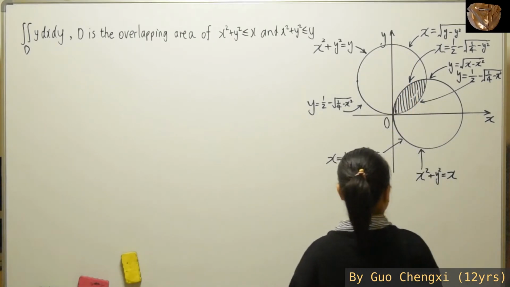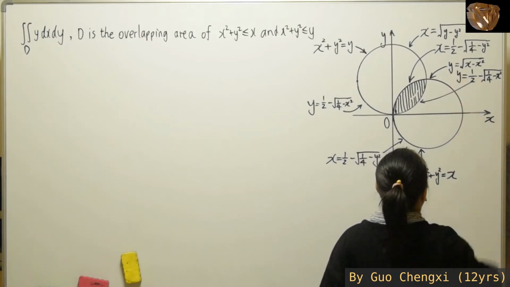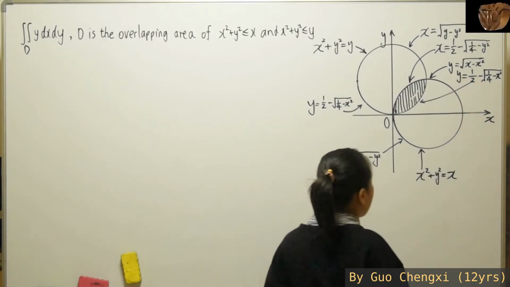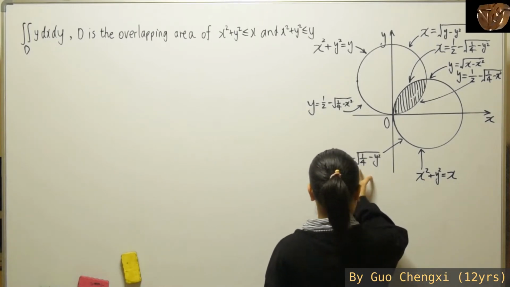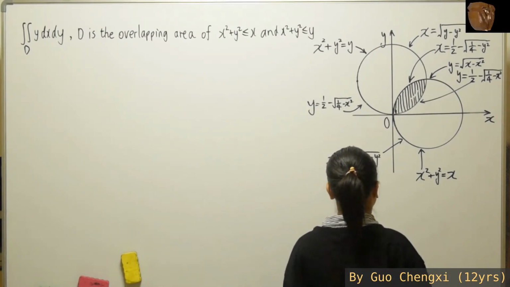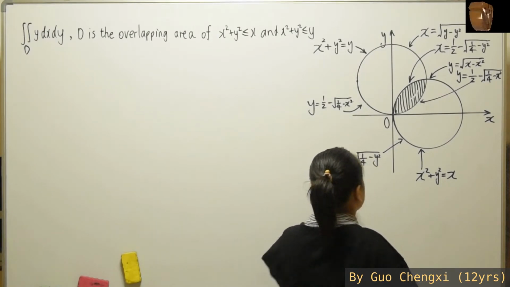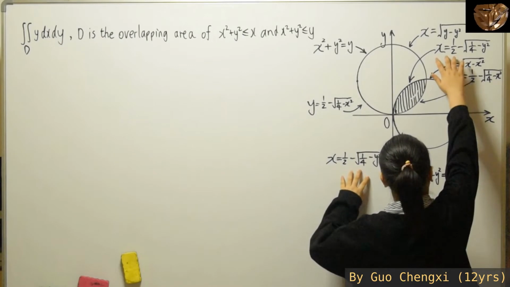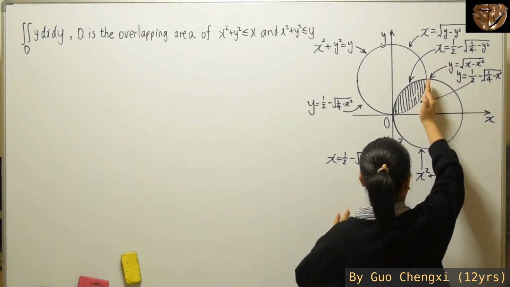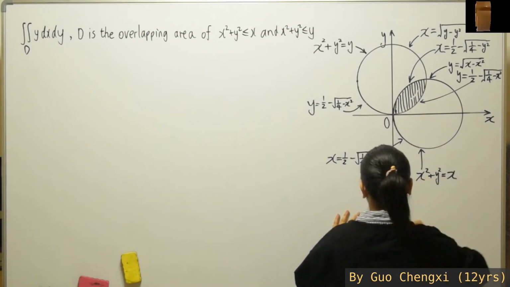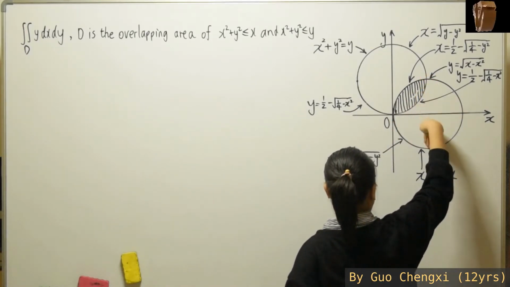Well, for this part, what about y equals to square root of x minus x squared, and x equals to half minus square root of 1 over 4 minus y squared. So this part also appears on these two sides. So apparently for this part, what we have over here is from here to here, since it is negative, and if it is positive, it will be from here to here.